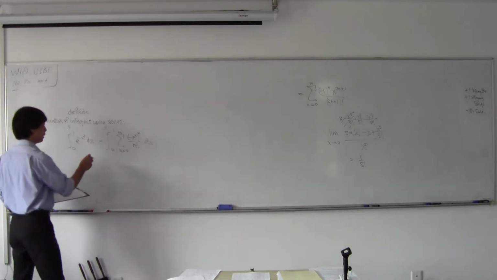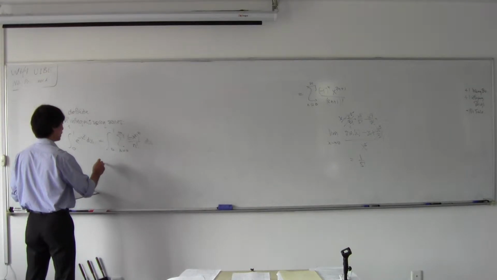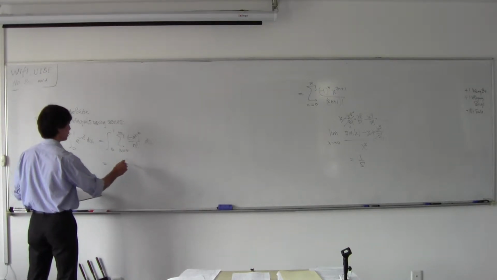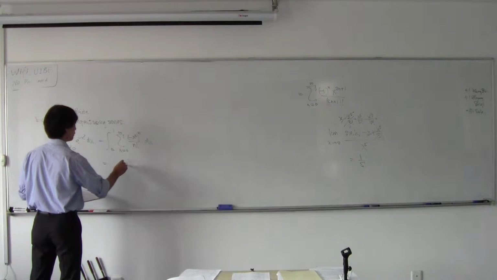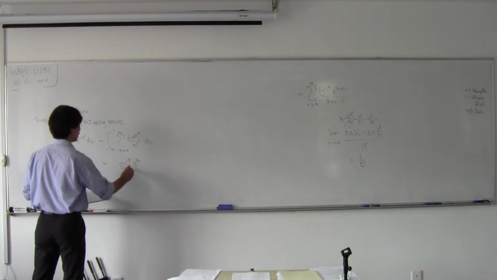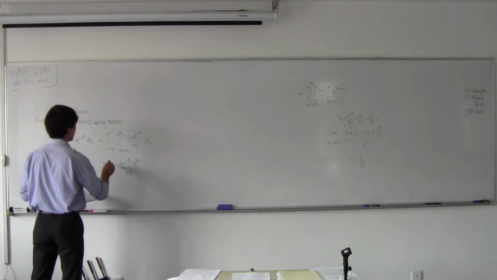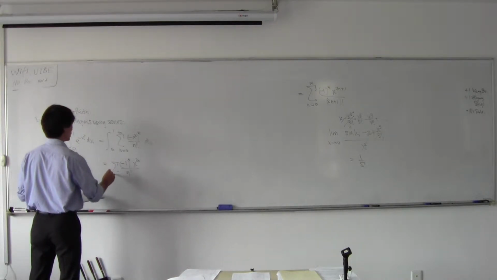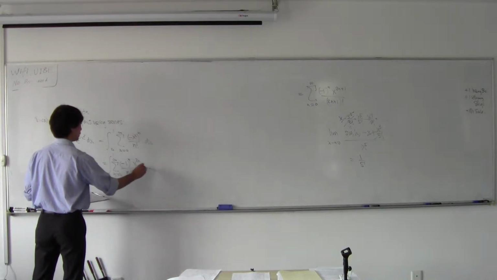That's to say, negative 1 to the n x to the 2n over n factorial summed between 0 and infinity and integrated between 0 and 1.